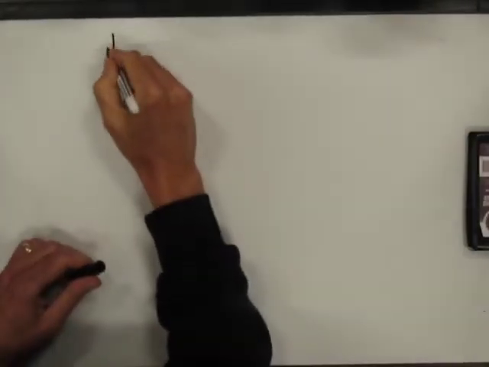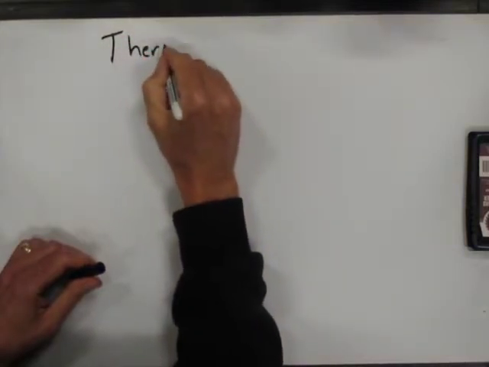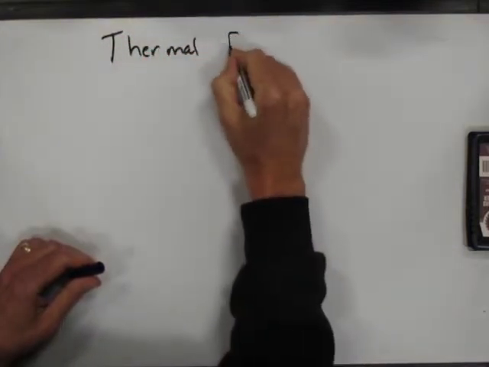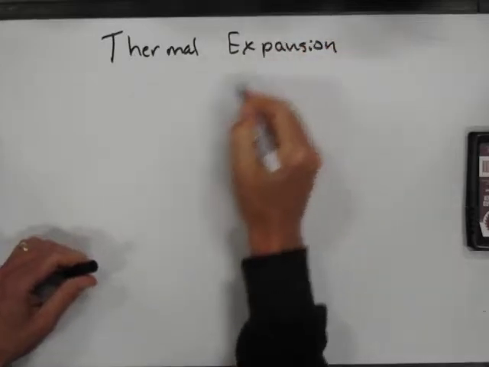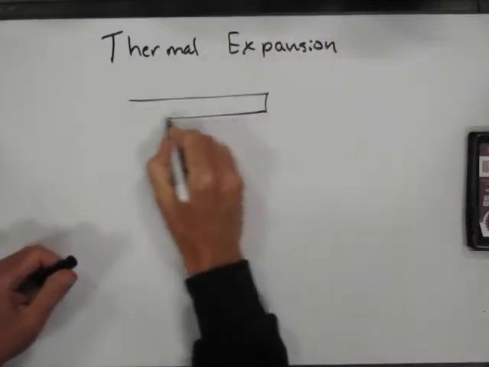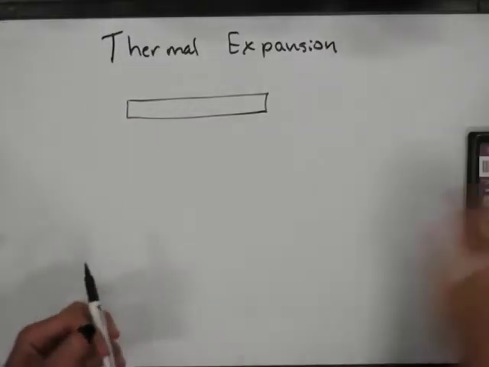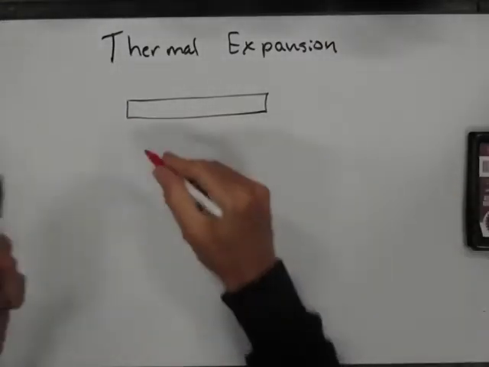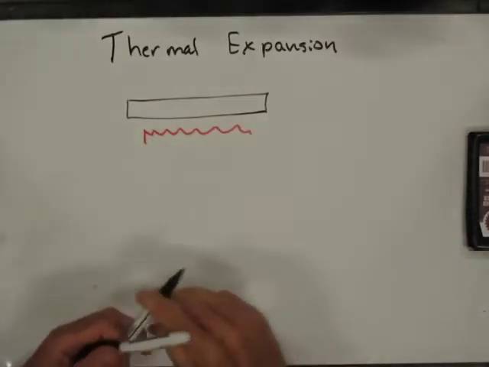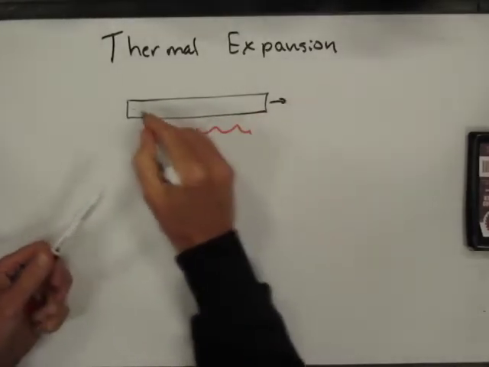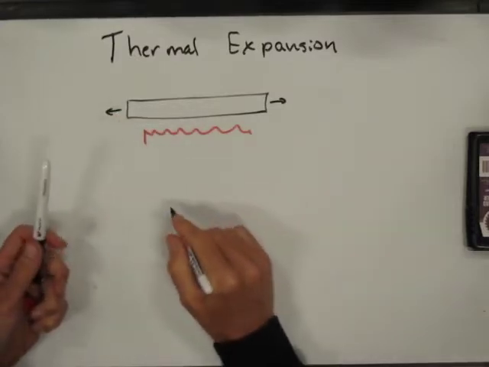So let's talk about thermal expansion. If you take an object and heat it, these are little flames, it expands. It can be a piece of wood or a piece of metal or something like that.